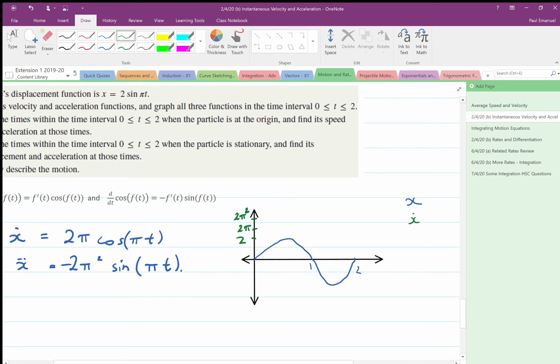So that's 2 pi cos. So we start up here, like that. And then I'll do x double dot in red. So that's minus 2 pi squared sine. So it's something like this. Whoop, pretend I got back to there.